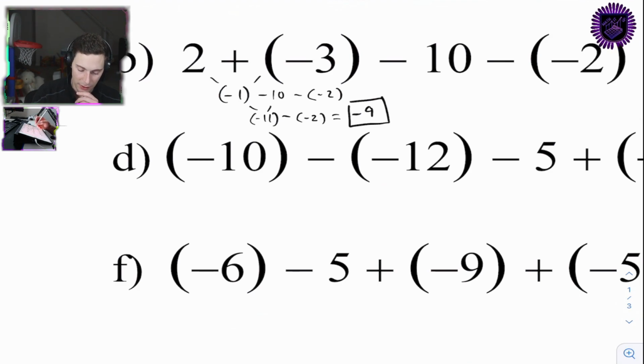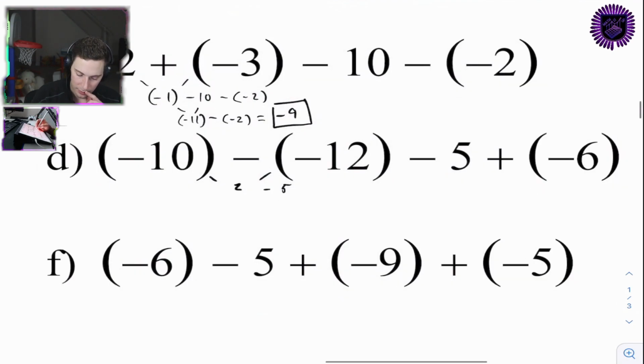Last few questions here. Minus negative 12. So negative 10 minus a negative. Negative minus a negative, more positive. Minus negative, more positive. So this is going to be 2. These two here is 2. And then it'll be minus 5, and plus negative 6.